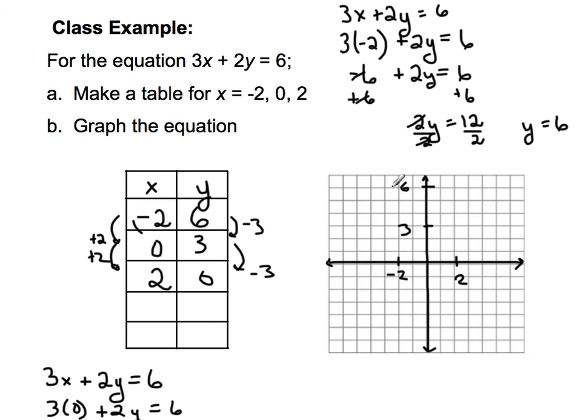So I have negative 2, positive 6, 0, 3, and then 2, 0. I draw my line. I connect the graphs because there is no context to this question. It's just a linear equation. I assume all of those are continuous graphs.